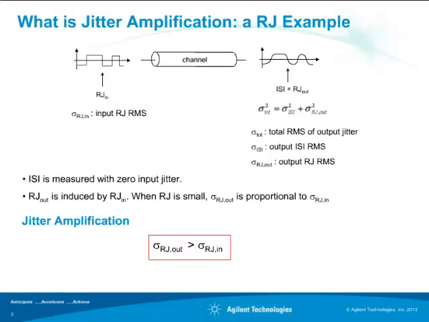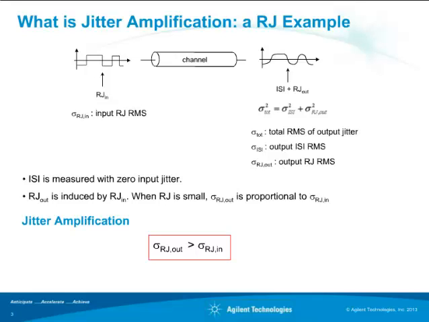And again, the output signal has a certain amount of jitter due to two factors. One is the intersymbol interference that is introduced by the channel dispersion. And the second type of jitter in the output signal is the random jitter induced by the random jitter in the input. Because the ISI and RJ are uncorrelated, therefore they add in RMS.